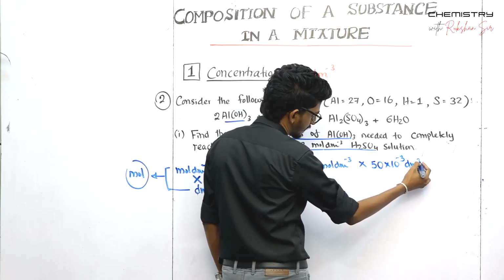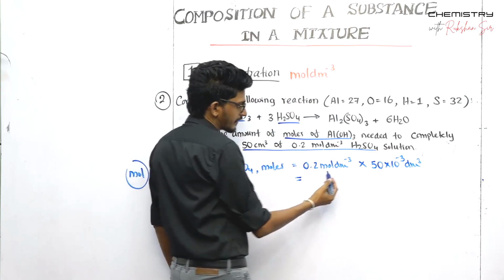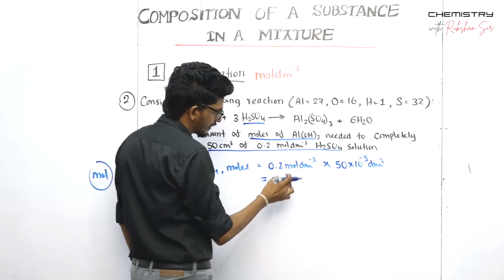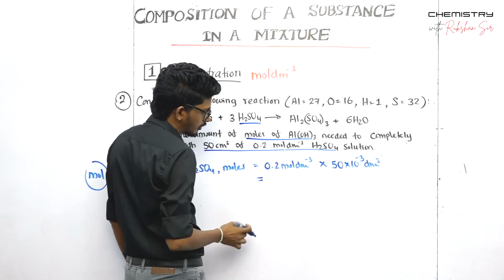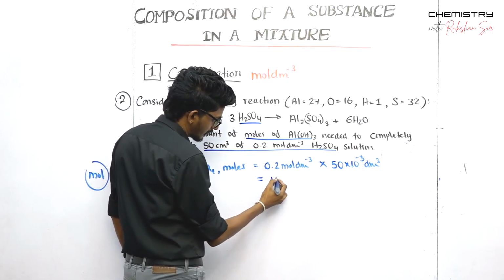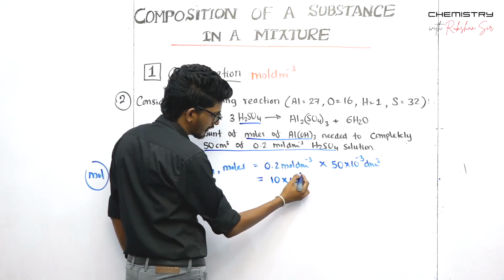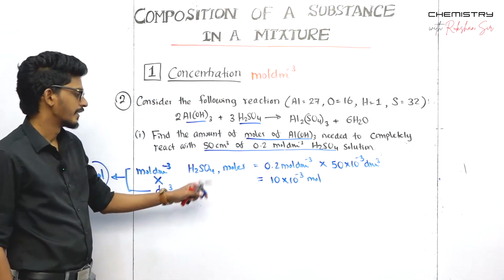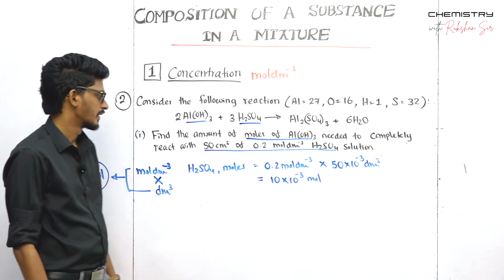So these decimeter things will cancel off, and the number comes in terms of moles. So 50 into 0.2 is actually 10 to the power minus 3, that is the number of moles of H2SO4, right?